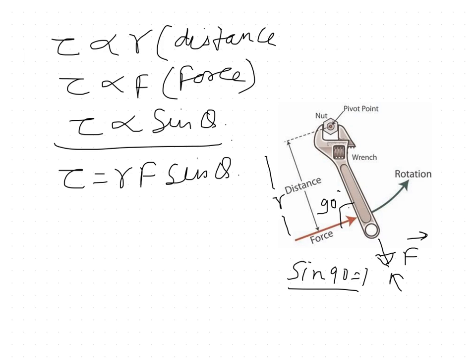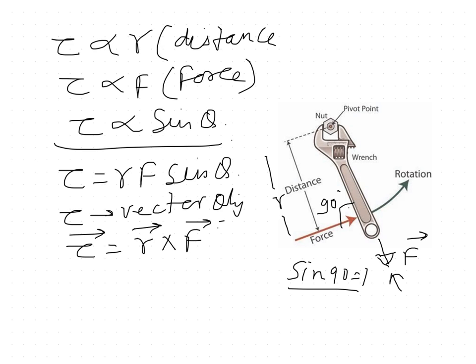Since torque is a vector quantity, in vector form we can write it as tau vector = r cross F. That is the formula of torque, and we call it moment of force.